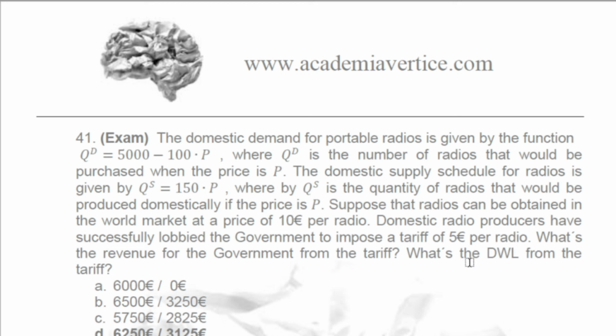Domestic radio producers have successfully lobbied the government to impose a tariff of 5 euros per radio. What's the revenue for the government from the tariff? What's the deadweight loss from the tariff?